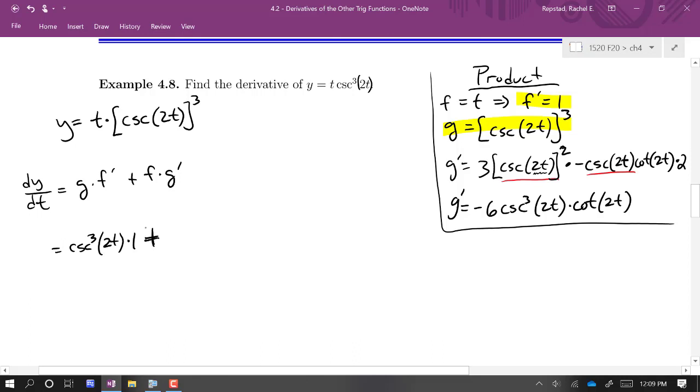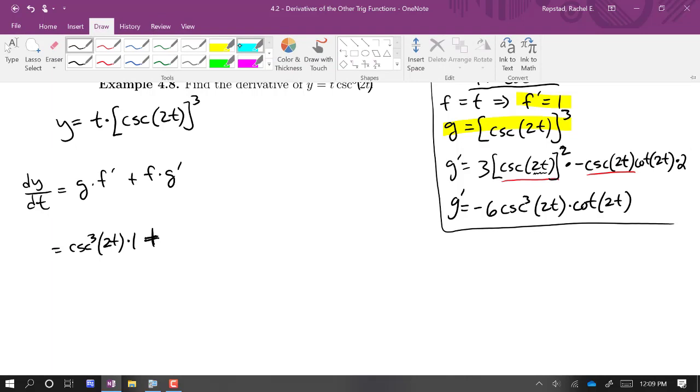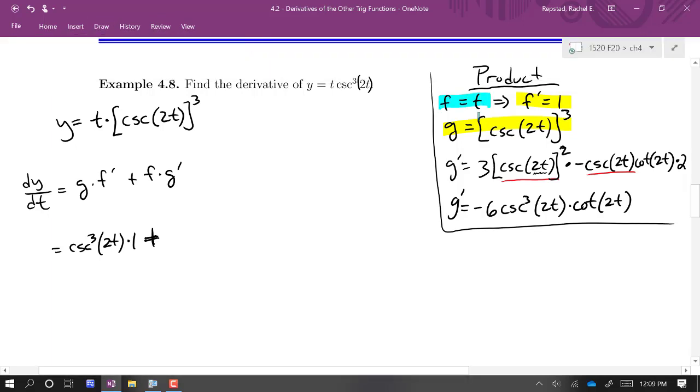Plus f times g prime. That's t times that function we found there for g prime, times negative 6 cosecant cubed 2t cotan of 2t.